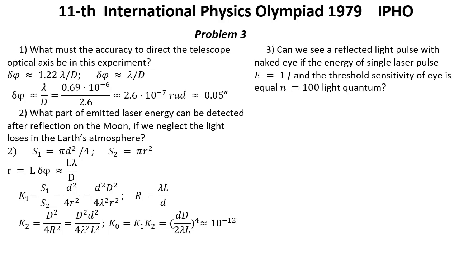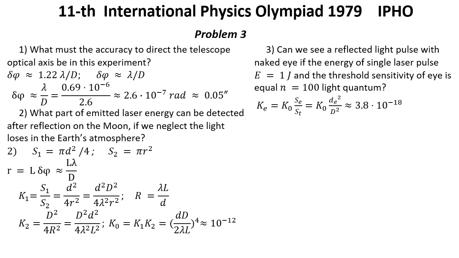The pupil of a naked eye receives as less a part of the light flux compared to the telescope as the area of the pupil S e is less than the area of the telescope mirror S t. So we have Ke equal K0 multiplied by Se over S telescope, which is about 3.8 multiplied by 10 power negative 18.